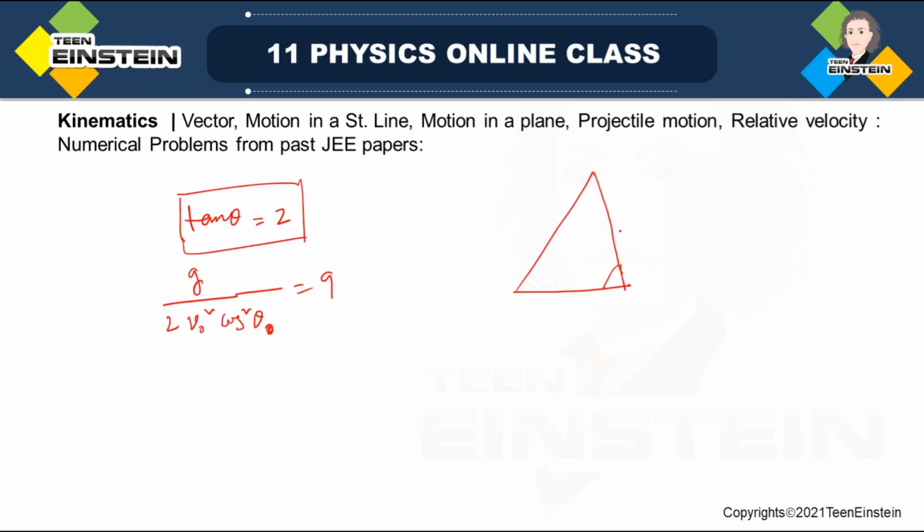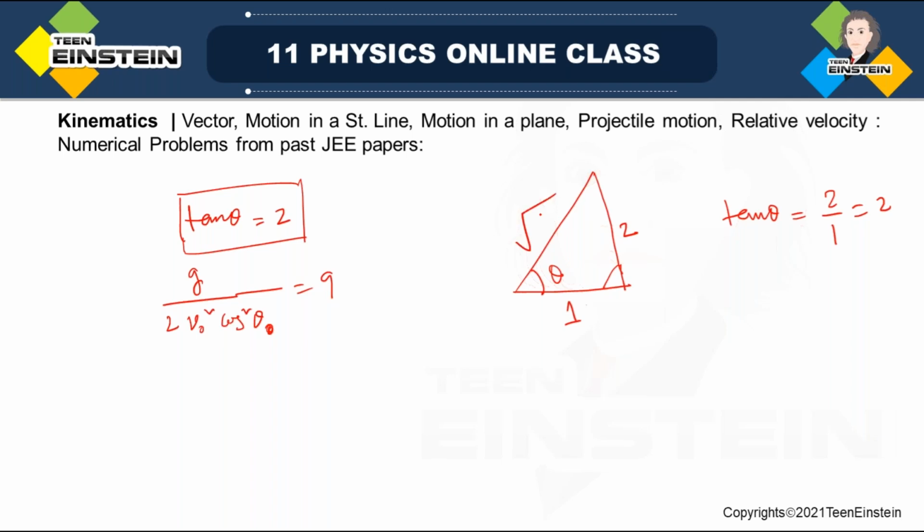If this is the perpendicular and this is the base 1, and suppose this is the angle theta, then tan theta is equal to 2. So these are 1 unit and 2 units, the values of the two sides of the triangle.